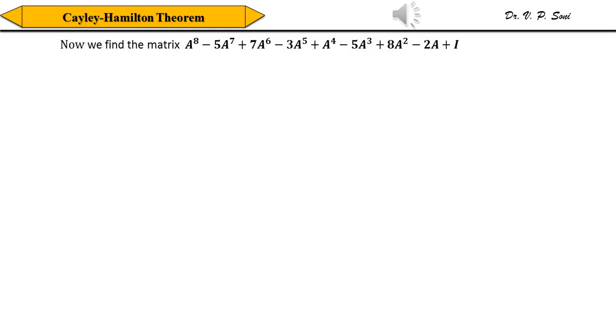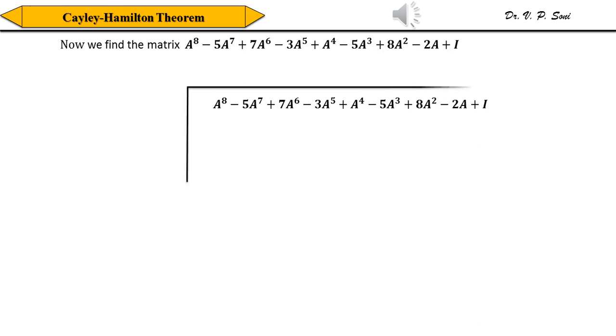So let us divide A raised to 8 minus 5A raised to 7 plus 7A raised to 6 minus 3A raised to 5 plus A raised to 4 minus 5A cube plus 8A square minus 2A plus I by A cube minus 5A square plus 7A minus 3I.